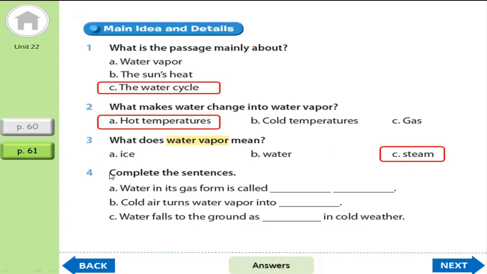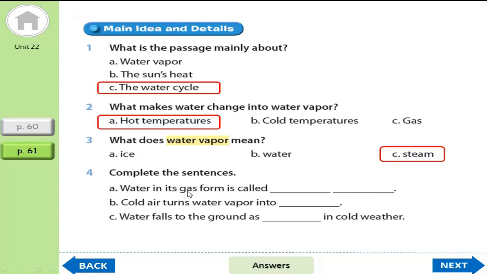And now question 4. Complete the sentences. A. Water in its gas form is called. What is your answer here?